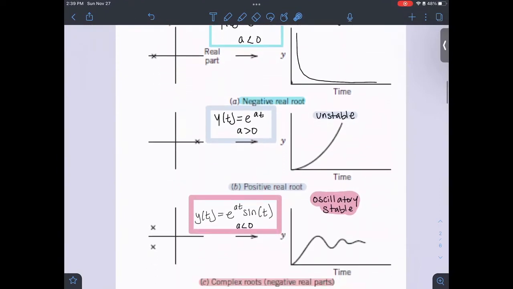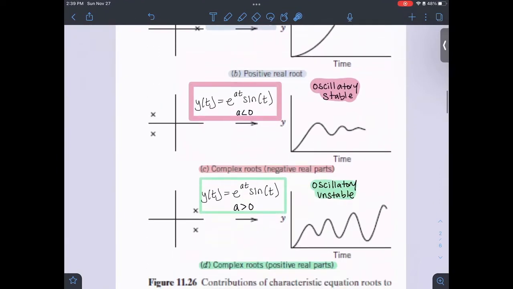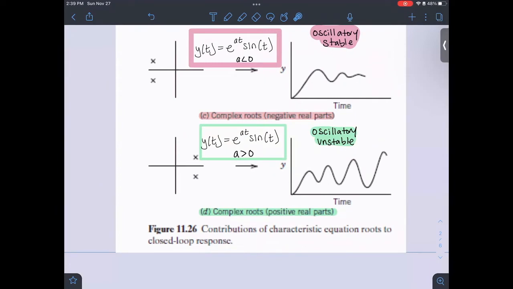Now getting into complex roots, you can see the function here again. Here we have roots that have both an imaginary part and a real part. We know that a here represents our real part. So if a is negative, if it's less than 0, then you're still going to have an oscillating system because of that complex root, but it is eventually going to stabilize to a single value. For complex roots that have a positive real part, your system is going to be unstable.